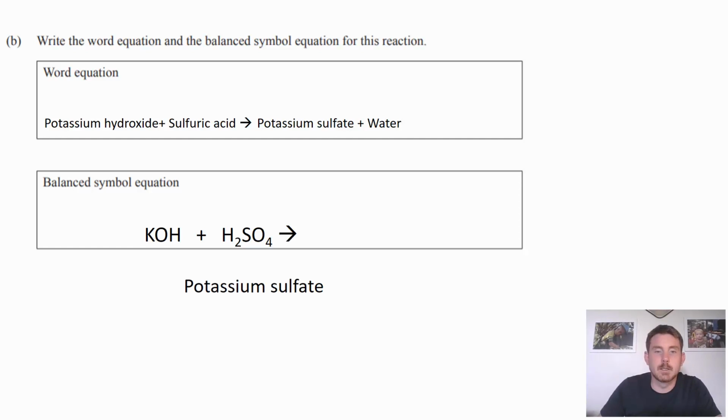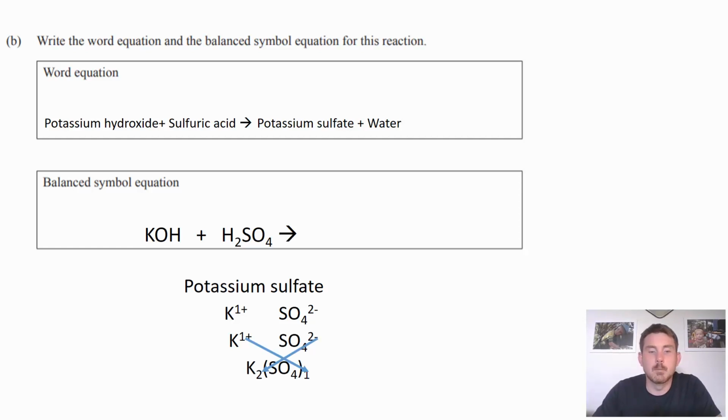The other way of doing that is to write down the chemical name for the compound and the symbols and charges for the ions or ionic groups. And then we do the swap and drop, we drop the charges down, and because sulfate has more than one element in its ionic group, we put brackets around the outside, and so that gives us K2SO4 in brackets with a 1 on the outside.